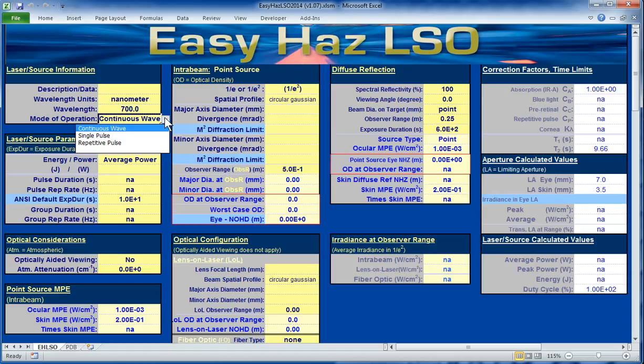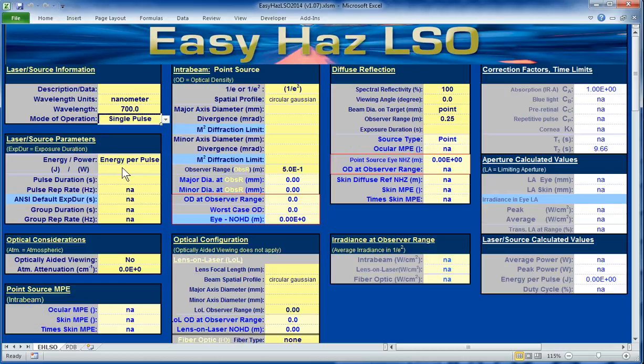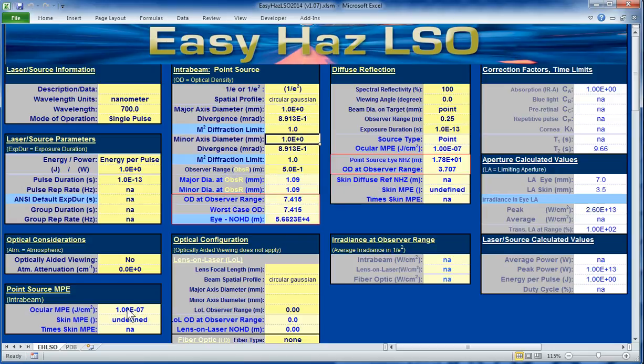So when we're looking for the MPE, this would be for Rule 1 and Rule 1 only, short pulse duration. So we'll make this simple and just use a single pulse right now. Let me give it some energy information, and the pulse duration be 100 femtoseconds, which is 100 e to the minus 15. We'll throw in some beam information, and we get, yes, the MPE we were just looking at, 1 e to the minus 7.